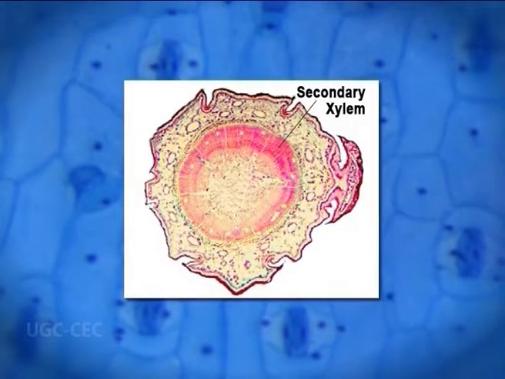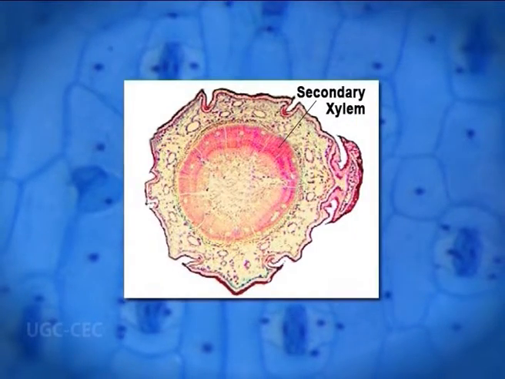If the plant is of such a nature that after the completion of primary growth, it forms secondary tissues through the activity of the vascular cambium, the xylem produced by this meristem is called the secondary xylem.